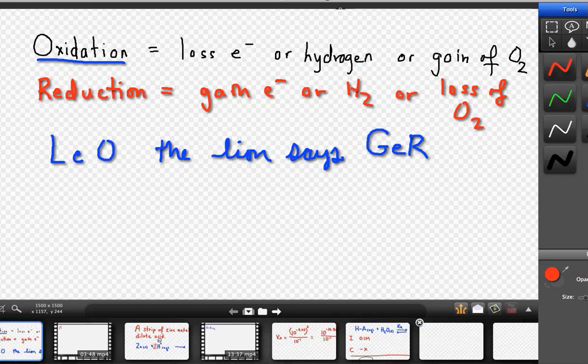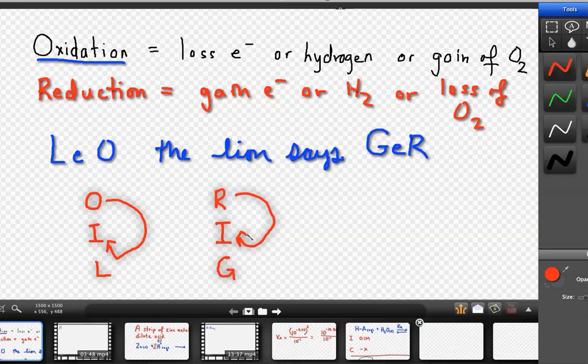We can also go with oil rig. Remembering that electrons are going to be involved in current, and the physical symbol for current is I. Oxidation is when I lose current.